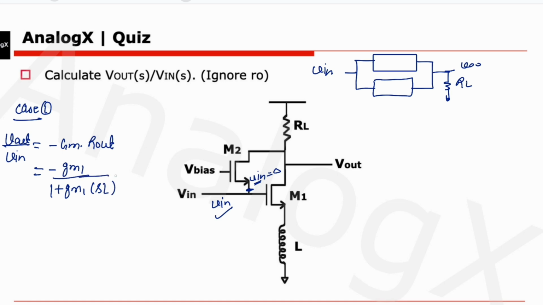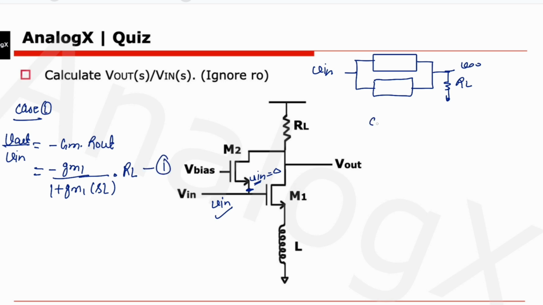And what will be R out? Looking up, you will get RL, and looking downward it is a high impedance, because this transistor will amplify whatever is here by its intrinsic gain. So the total output impedance will be approximately RL only. This is the first case.